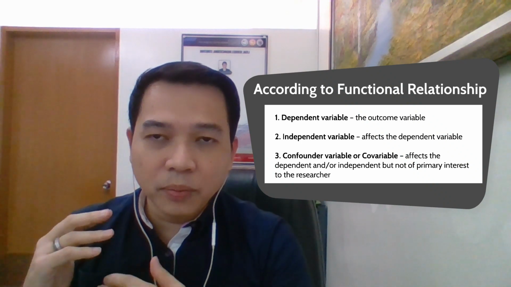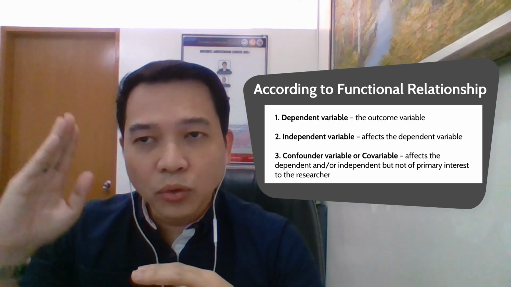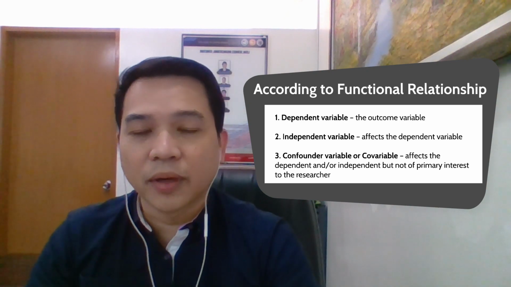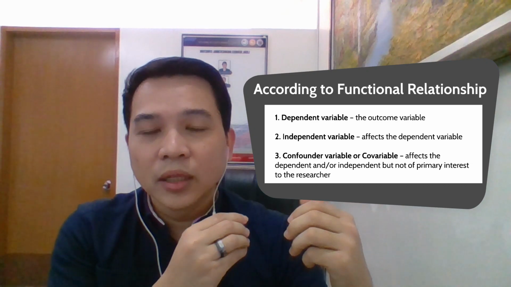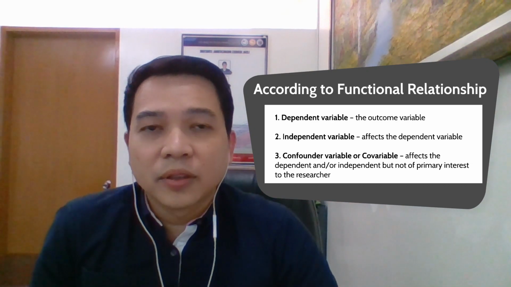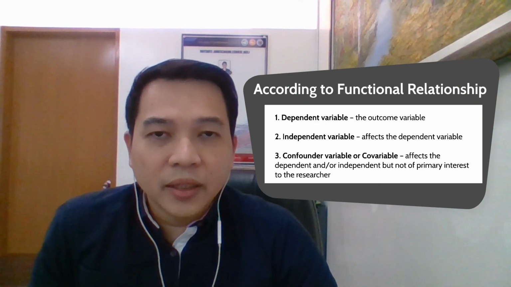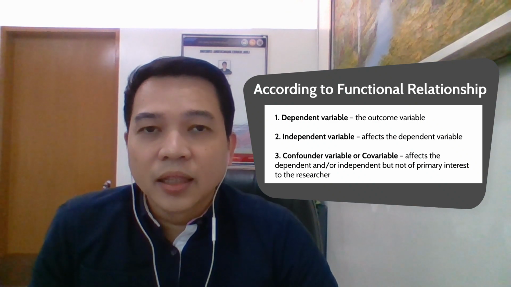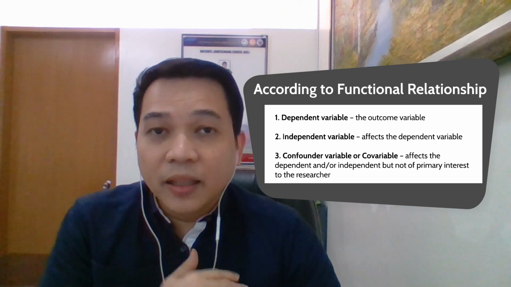Unfortunately, sometimes there could be a confounding portion where certain students have a shorter number of hours and other students have a longer number of study hours, but end up with the same grade level or the same learning outcomes. This is when the confounder or, let's say, the covariable comes in. It might enlighten the researcher that there are other factors or elements that might influence the dependent variable.